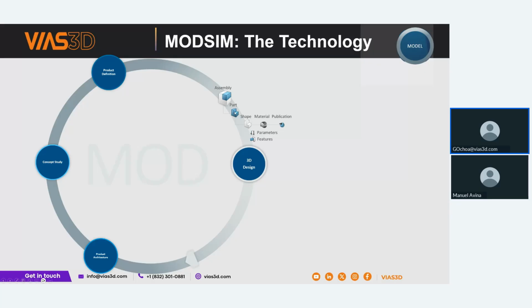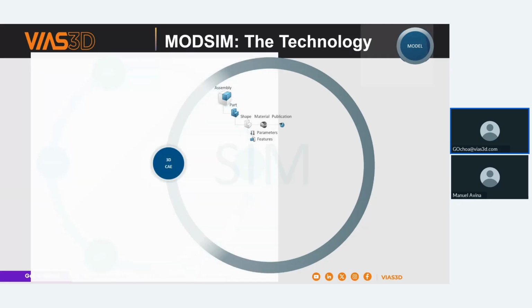So that physical component could have multiple representations, and that could be a shape, that could also be the material definition, and for the shape, we can also have some features inside these representations. And those could be model parameters or features such as trading solids. So that's from the modeling side of things.